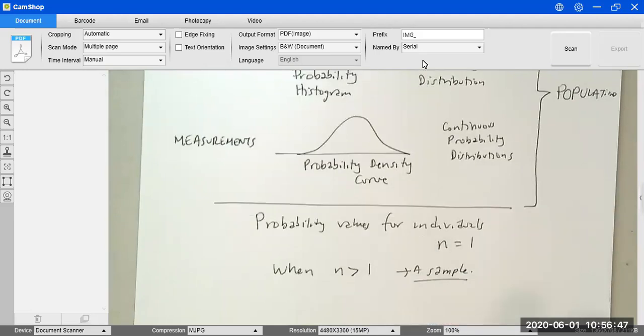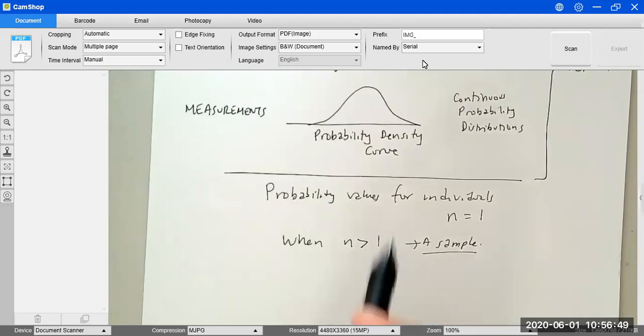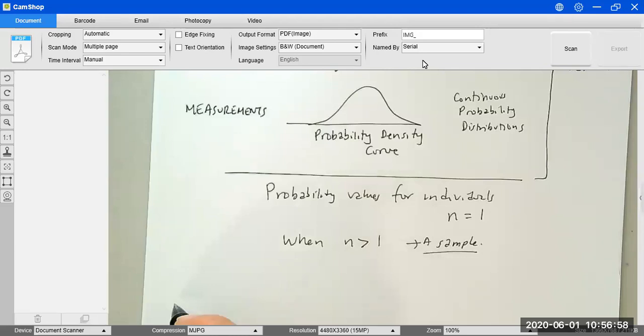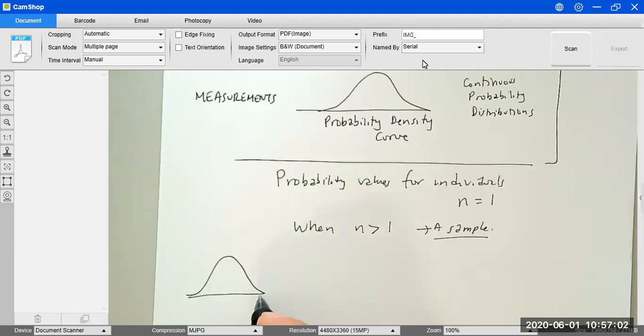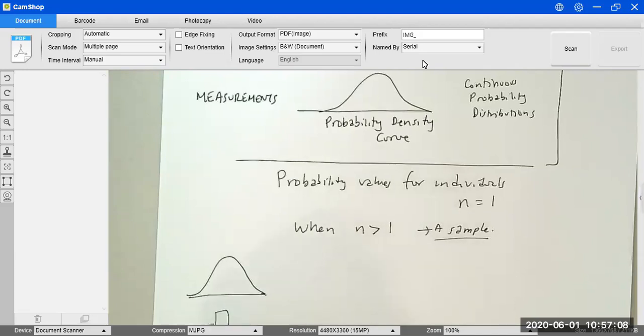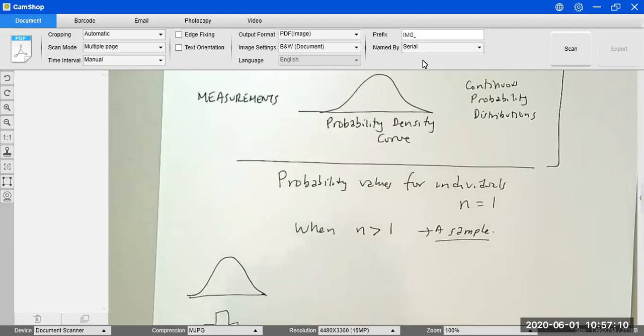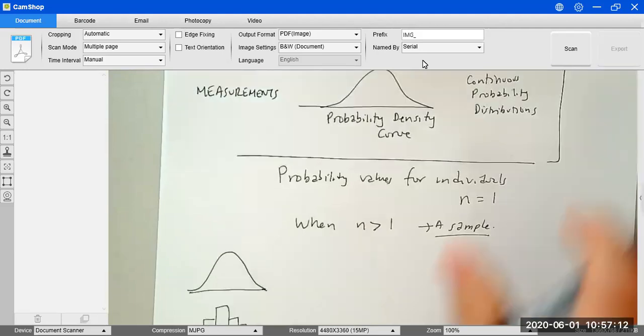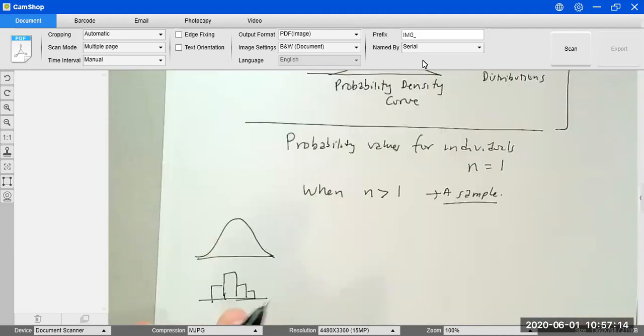So now we need to know how these distributions are going to be obtained. Let's say that you have a population. It can be a discrete probability distribution or continuous probability distribution. It doesn't matter. You can use any population. It can be this, it can be this one.